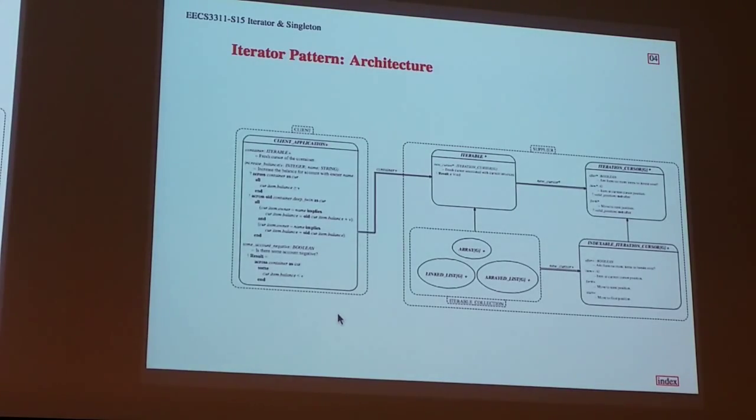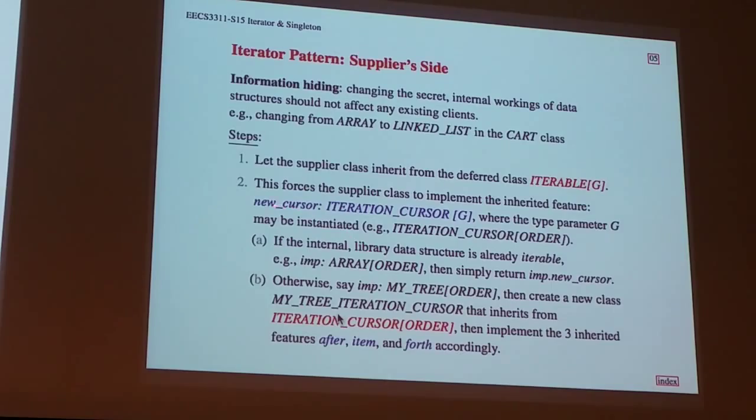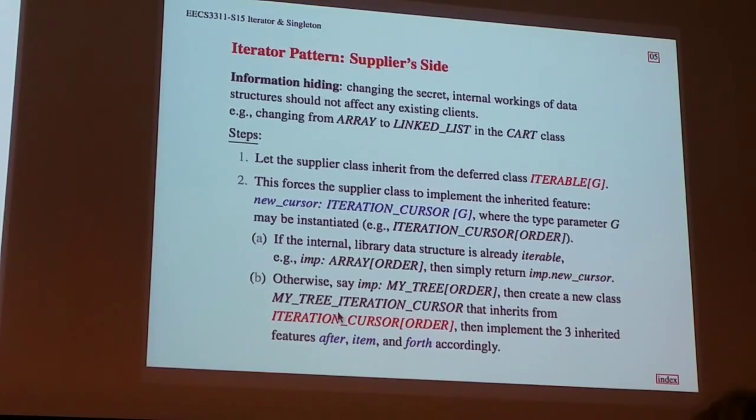So now in the cart class, we have to define a new cursor. And there are two possible ways of doing it, A or B. So if the internal structure that the cart class is using is already a library type, for example, for the first and second implementations here, one is array, the other one is linked list.